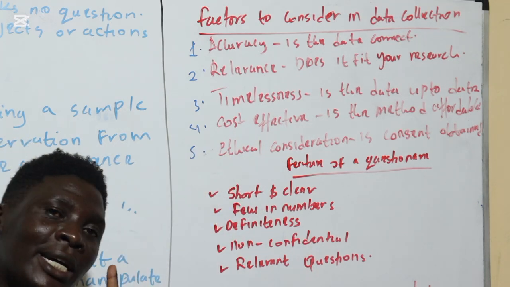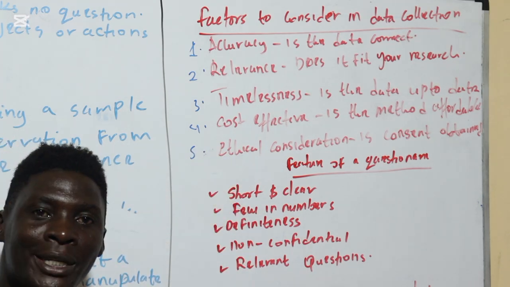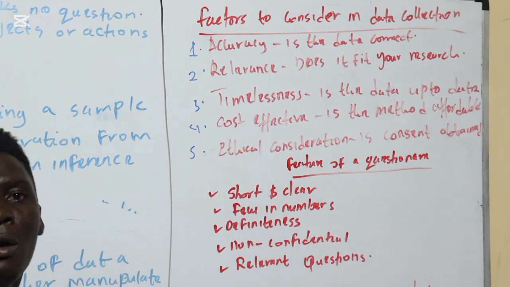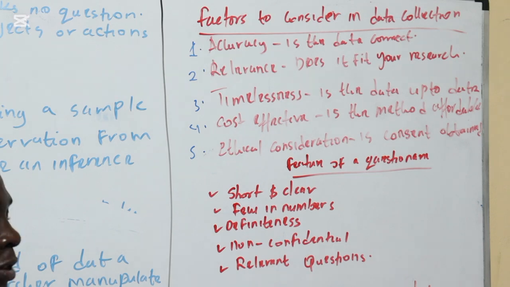Not that after picking a topic, when it comes to data collection, you are unable to collect data because the data you'll be looking for is obsolete. So the timeliness, the up-to-date nature of the data, is really a big factor to consider while collecting the data.